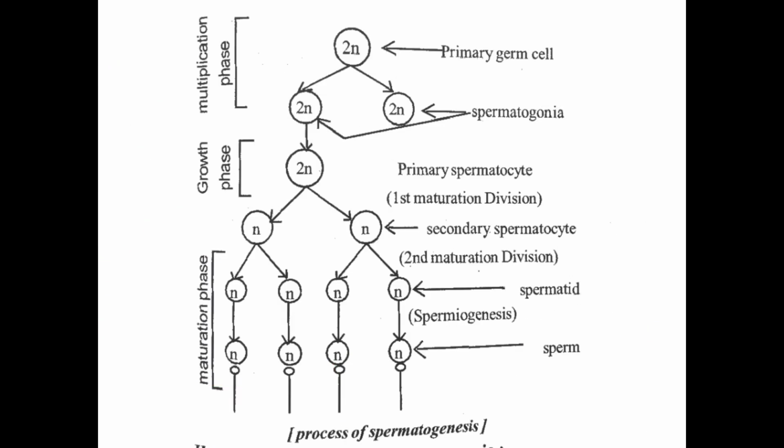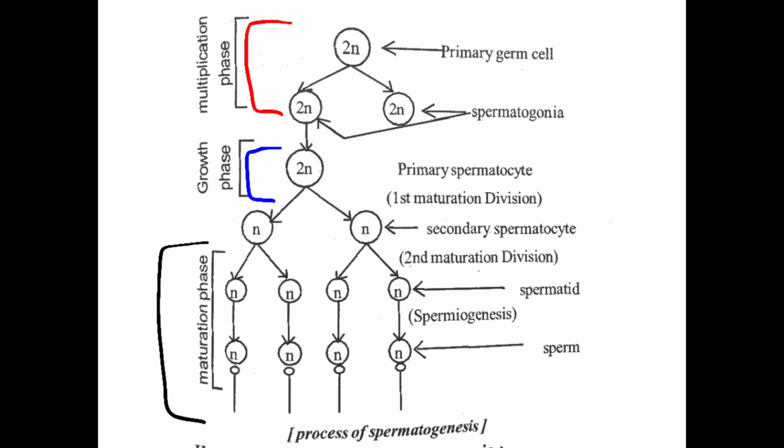Let's see the figure of spermatogenesis. If you understand the figure of spermatogenesis and oogenesis, you can easily write the whole long question. First, the phase of multiplication, phase of growth, and phase of maturation.